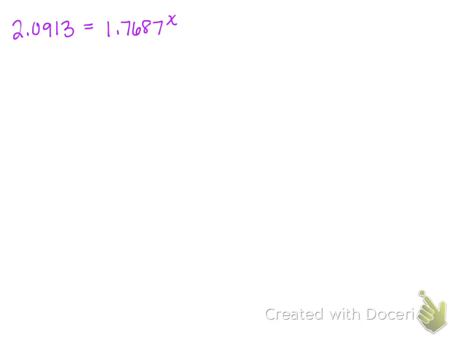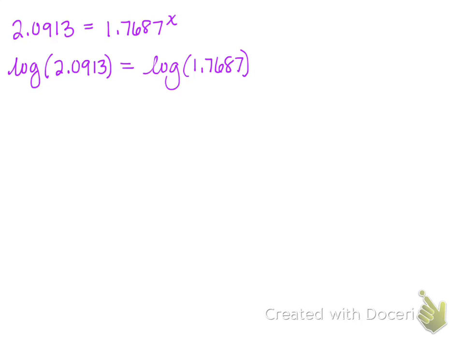Okay, now here's where we've got to use stuff from our previous units. If we have an x for the exponent, we can use logs. So we take the log of both sides, get 2.0913, log of 1.7687, and this is to the x power. Then we can use that power property that says that we can take this x and put it to the front.